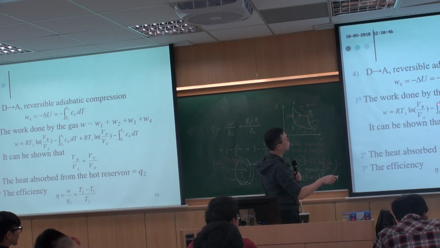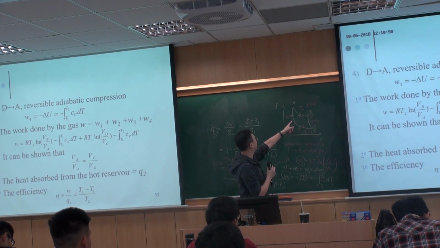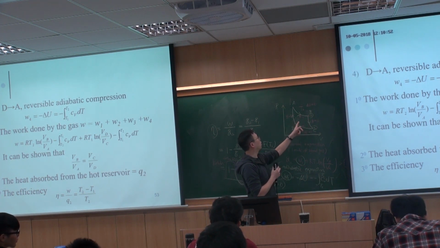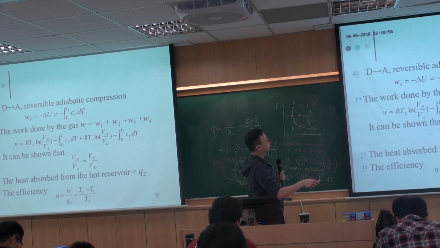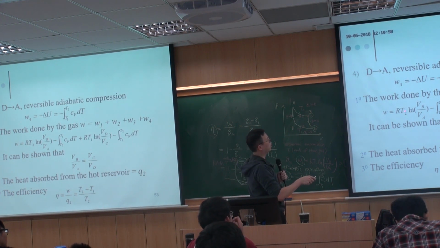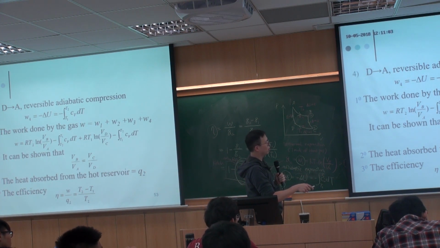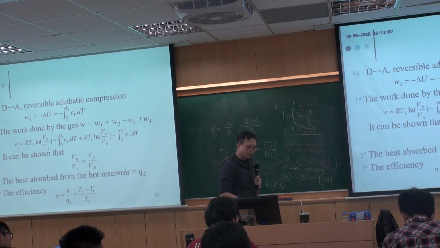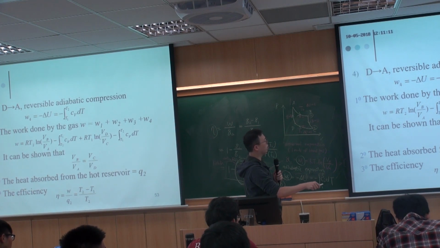This term and this term are the same, which means that along these two paths, the work done is the same, so they cancel out. So you end up with RT2 log VB over VA and RT1 log VD over VC. And there's some math, based on the nature of the ideal gas, that shows VB over VA is VC over VD, so you can combine these two together.